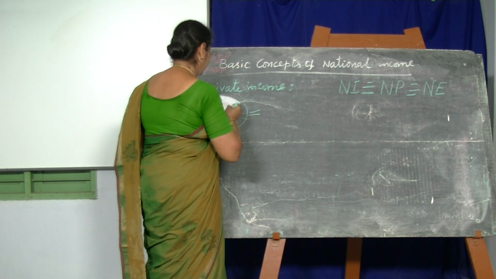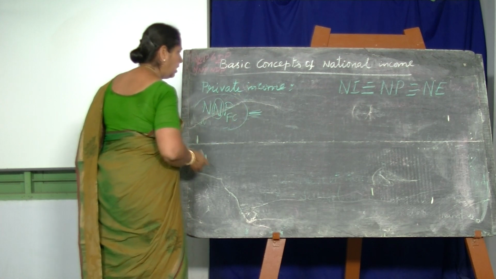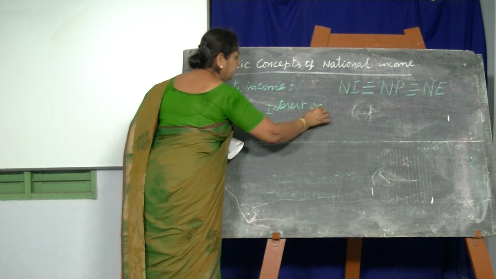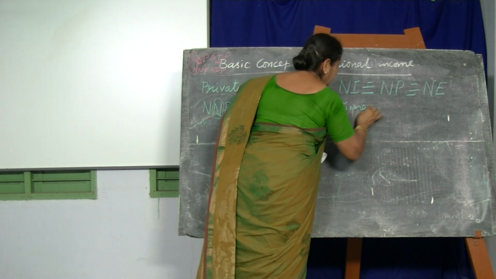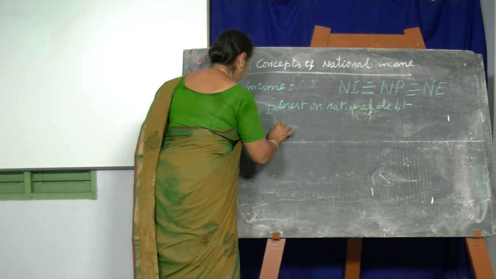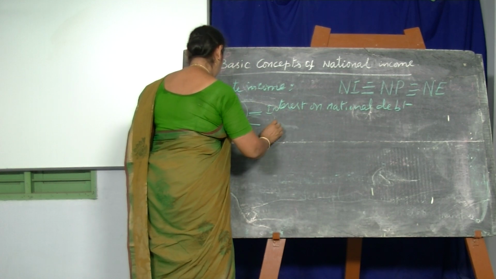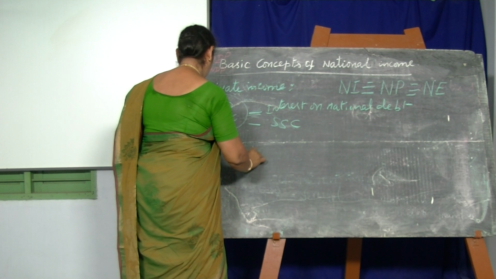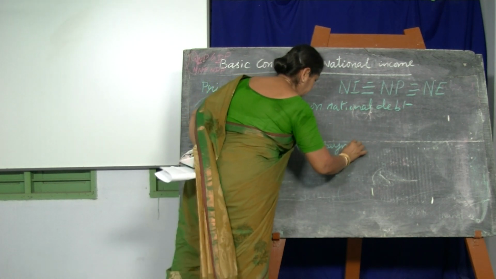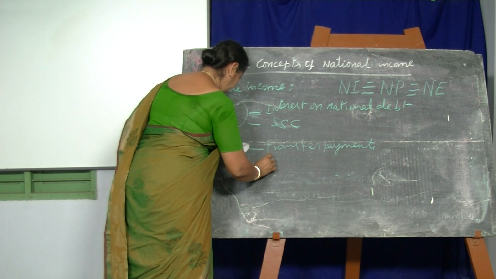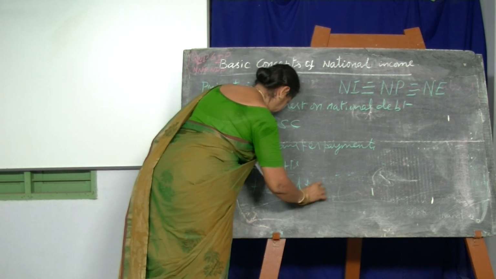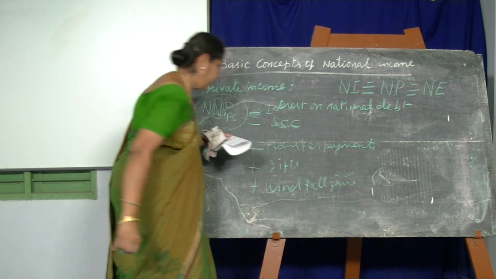For net, we take into consideration the net national product at factor cost minus interest on national debt, minus windfall, minus social security contributions, plus transfer payments, plus gifts, plus windfall gains.